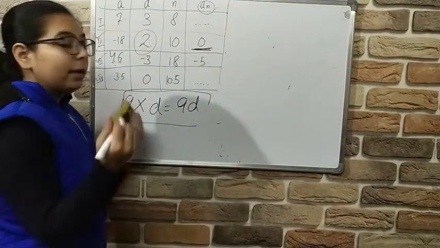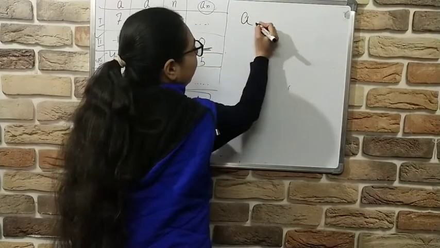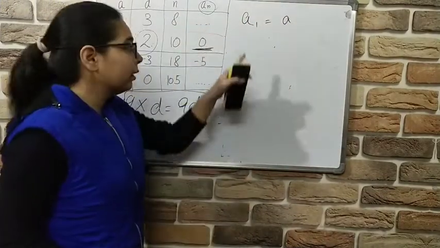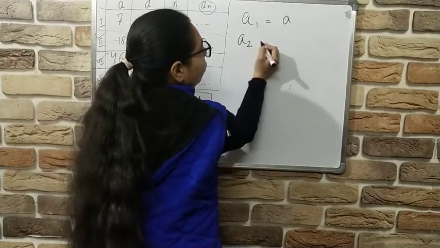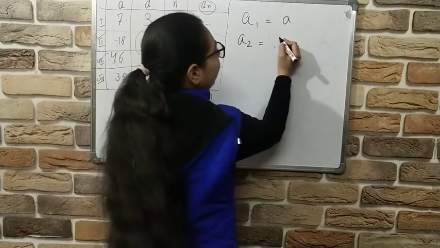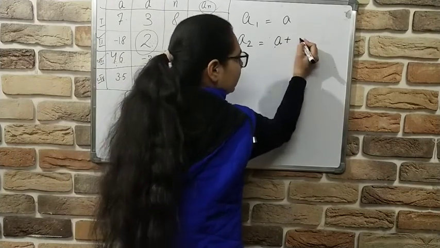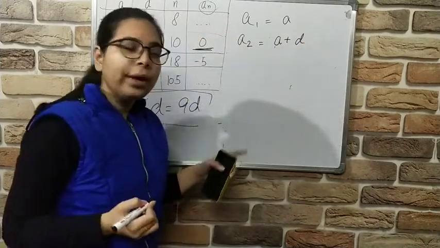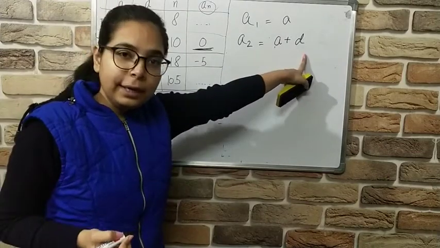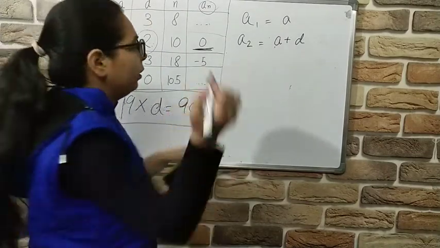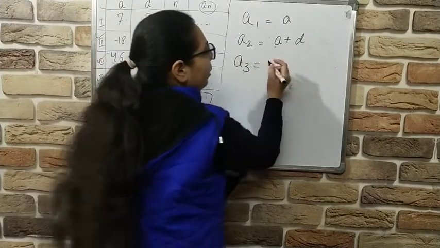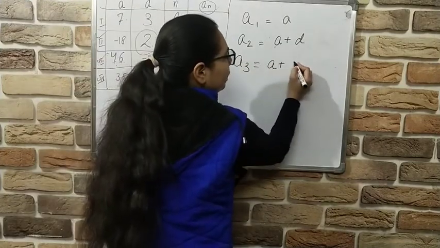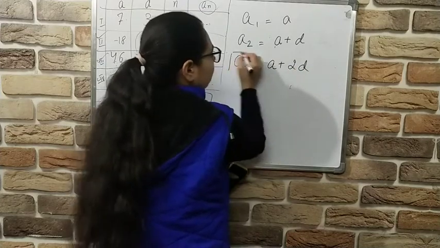Look, I have already discussed that A1, the first term, is equal to A, and the second term A2 we can write as A plus D. If we want to find the third term, we can directly find it by using A plus 2D.